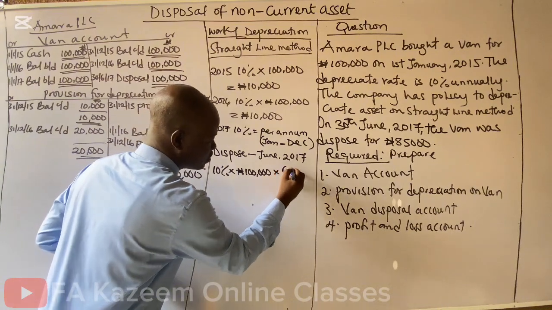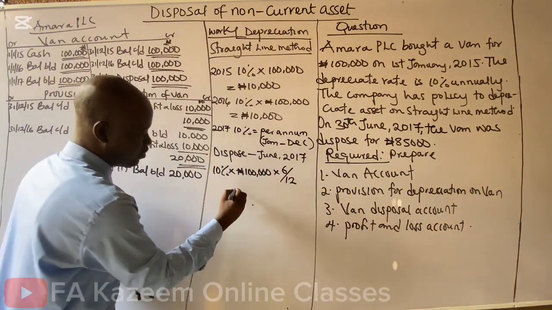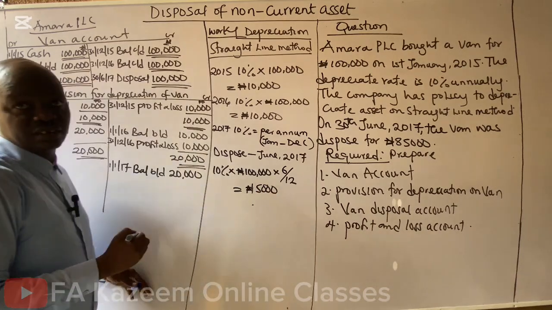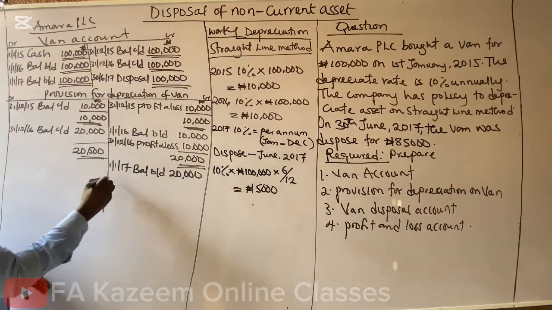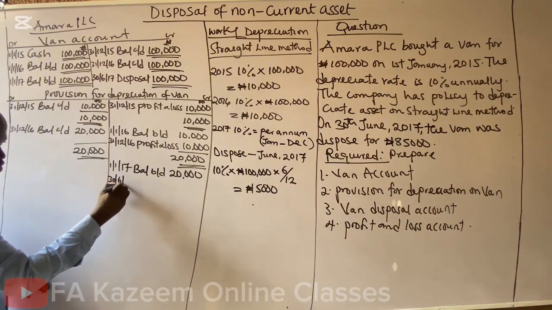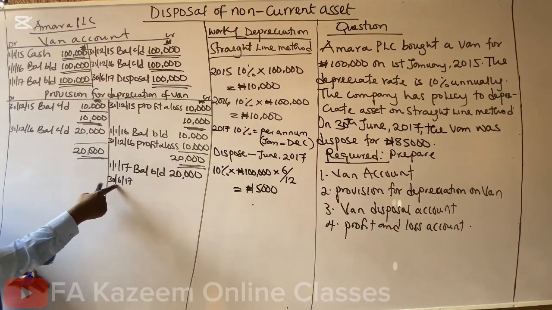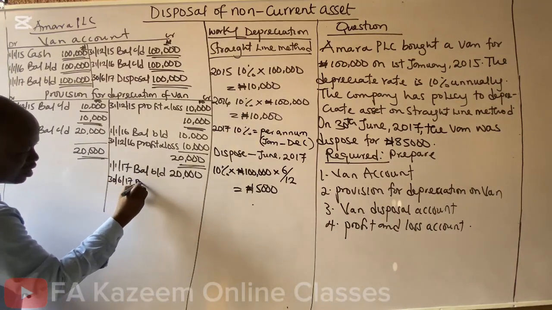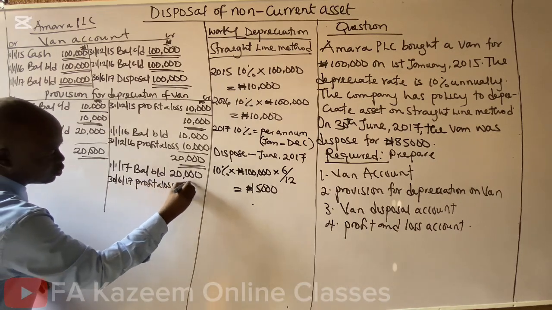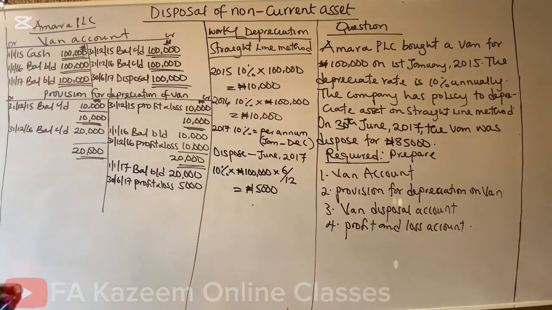We are going to apportion 6 over 12, and that will give us 5,000 naira. So what we set aside in that year, which is up to 30th June, not up to 31st, from the profit and loss is 5,000 naira.